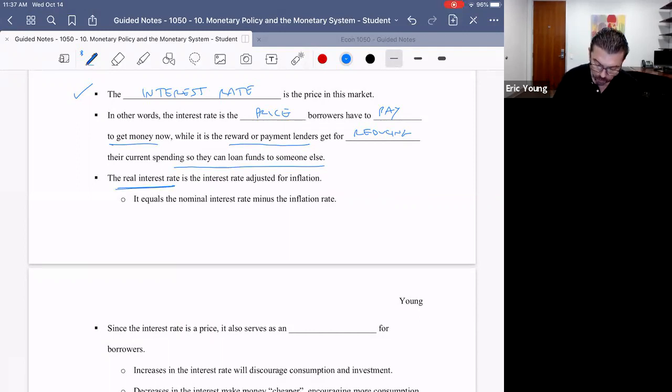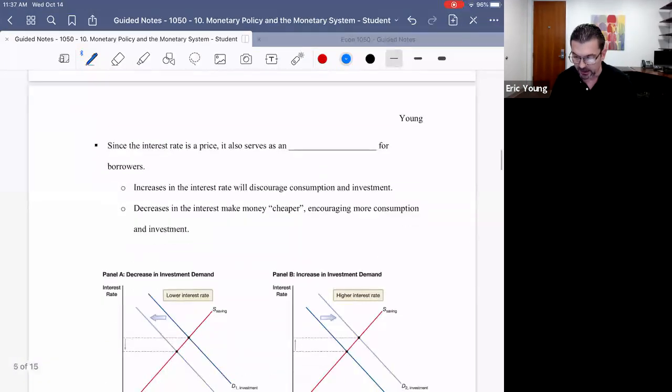The real interest rate is equal to the nominal interest rate minus the inflation rate. Because like any economic variable, we have to adjust for inflation effects. That's going from nominal to real. So as a technical aside, we can speak of the nominal interest rate, but more accurate is the real interest rate.